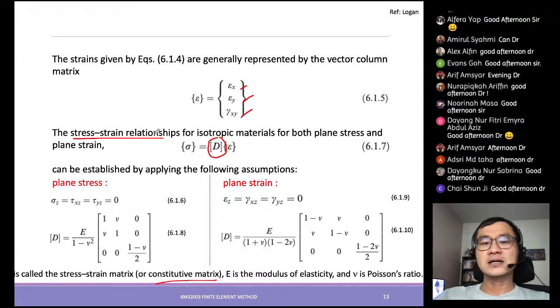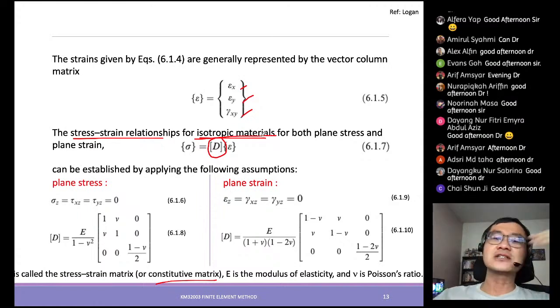In this relationship, we also make an assumption that the material itself is an isotropic material. Meaning to say, the material property will not change according to direction.